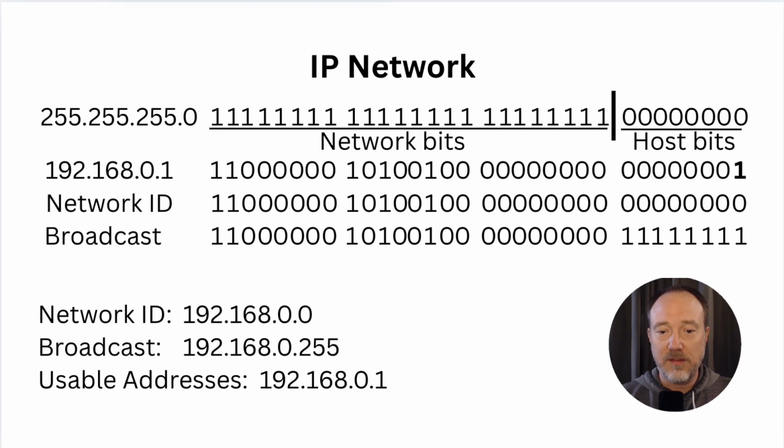We know the network ID is 192.168.0.0. So the next IP after that would be 192.168.0.1, which also happens to be the IP address that we assigned our imaginary endpoint for this example. So that's the first usable IP address of this network.